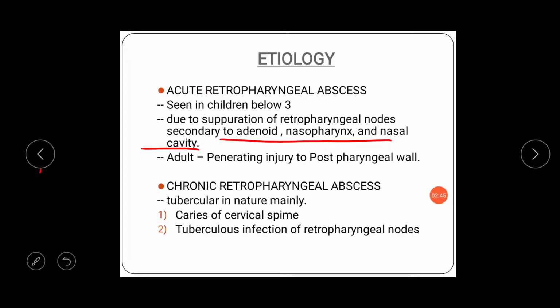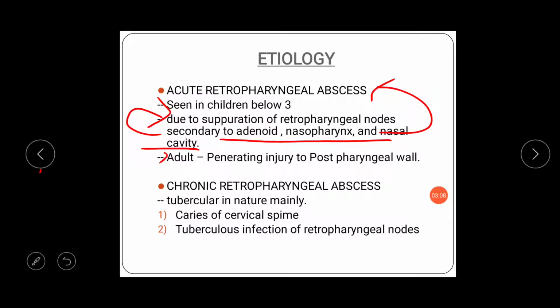This infection will reach the retropharyngeal node, which is present up to 3 to 4 years of age, and this node will suppurate and form pus in the retropharyngeal space and form an acute retropharyngeal abscess. So it is secondary to upper respiratory tract infection.